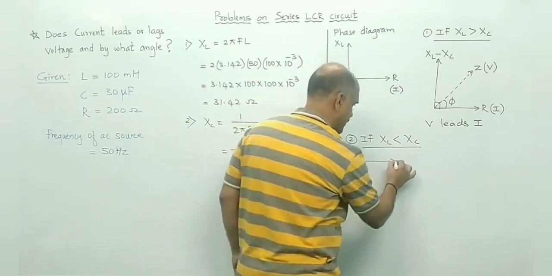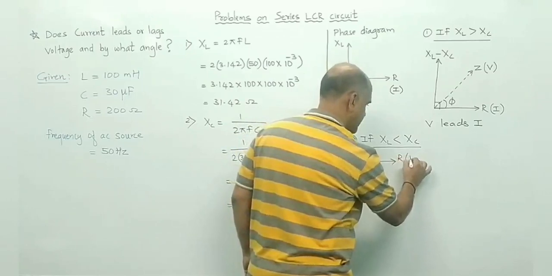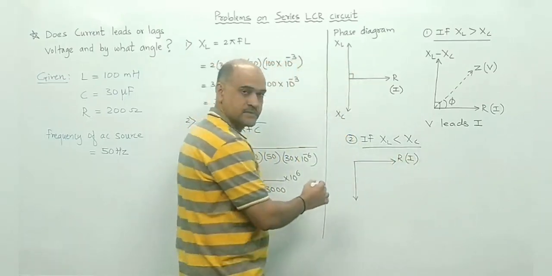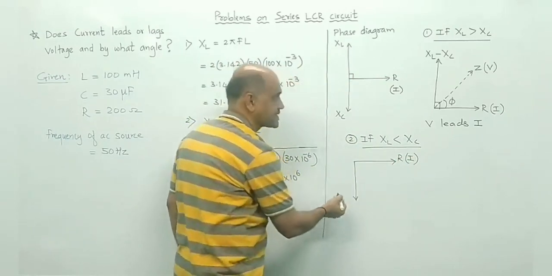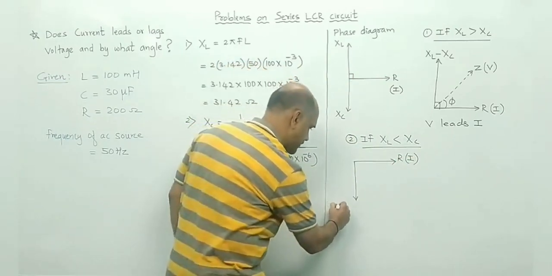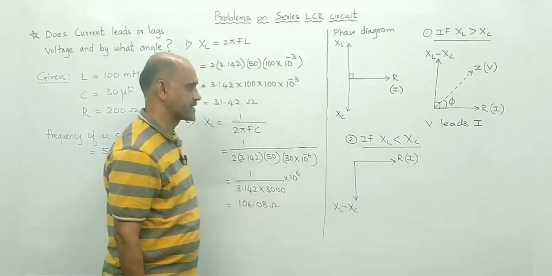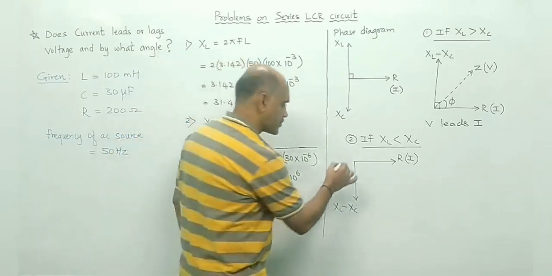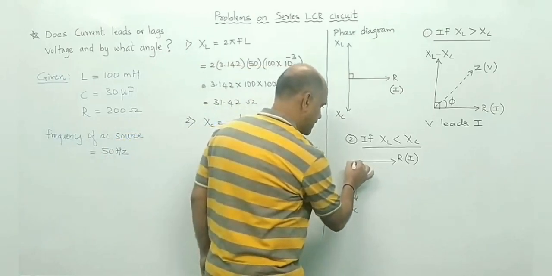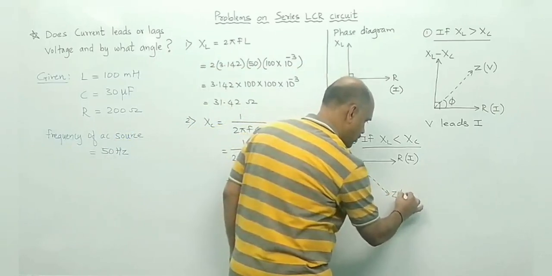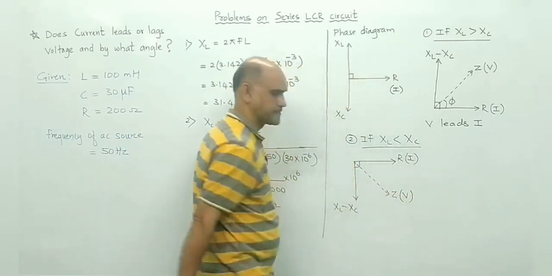Here you will have resistance R, in this direction current. This will be XC minus XL, because XC is greater. This angle will be 90, so along this resultant you will have Z or voltage.